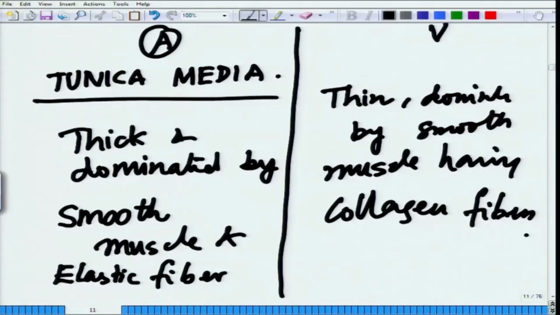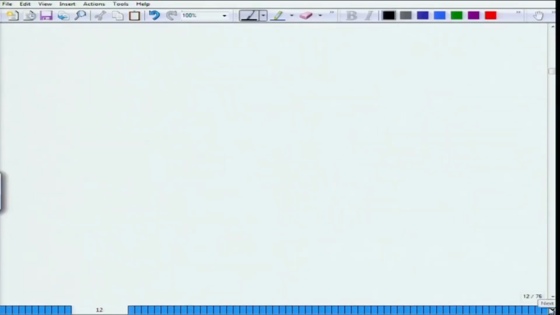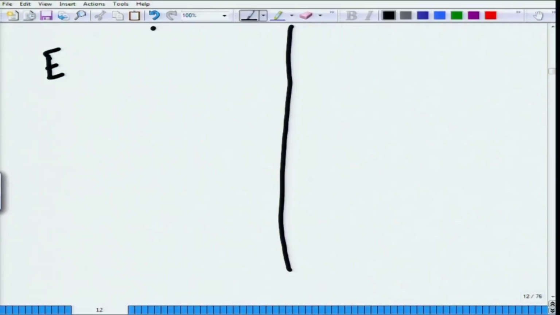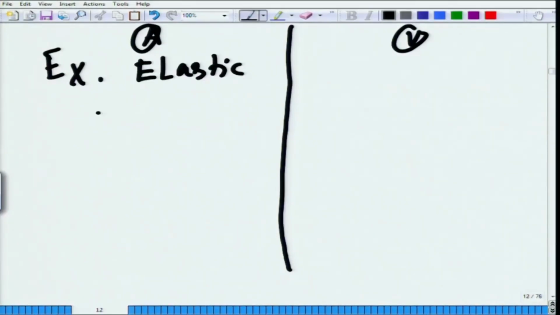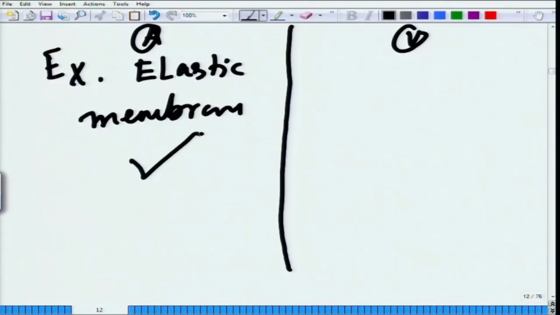Okay. Now, in terms of external elastic membrane, this is the arteries and this is the vein. External elastic membrane is present in this, whereas external elastic membrane is absent in it.